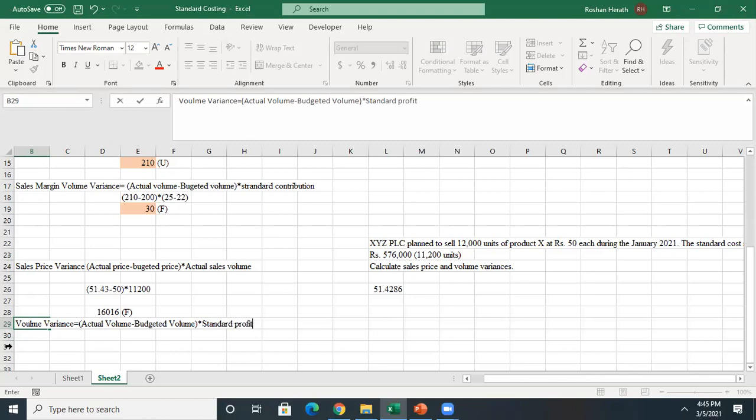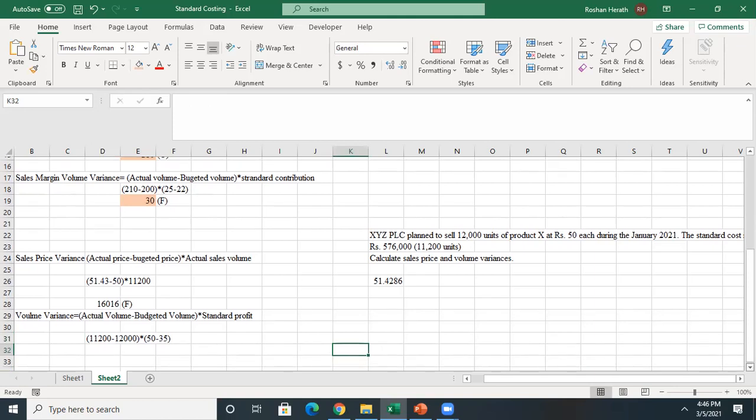So actual volume was 11,200. Budgeted, you have planned for 12,000. Into standard profit: you expect to sell them at 50, and standard cost was 35. So this is the standard profit.